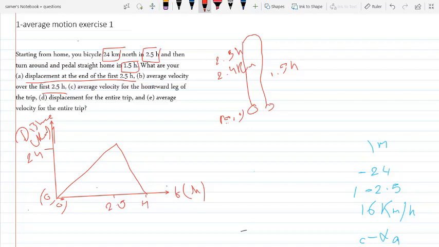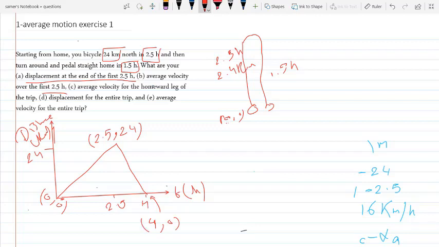This is the distance-time displacement graph. So this point is 2.5 hours, 24 kilometers, and this point is 4 hours, 0 kilometers.